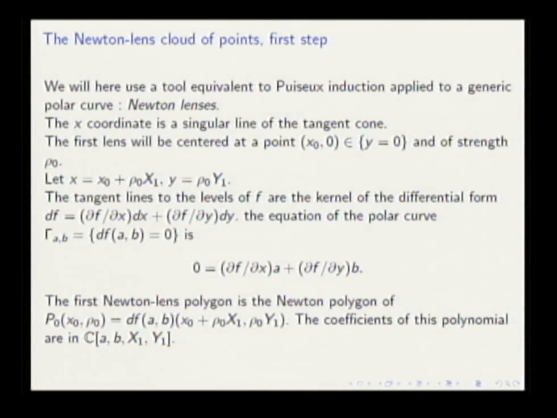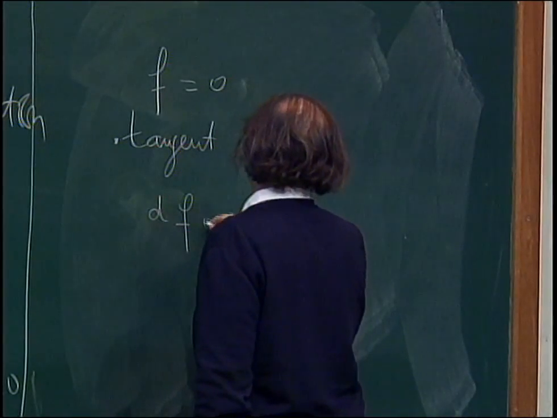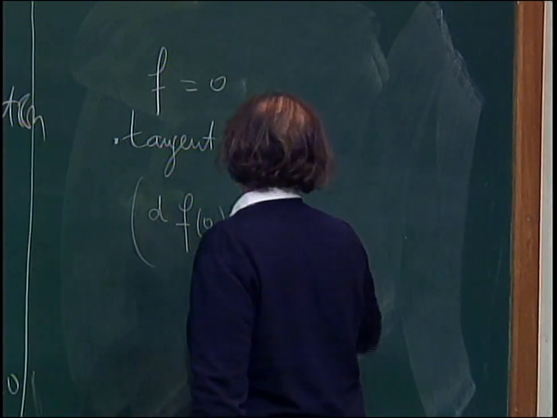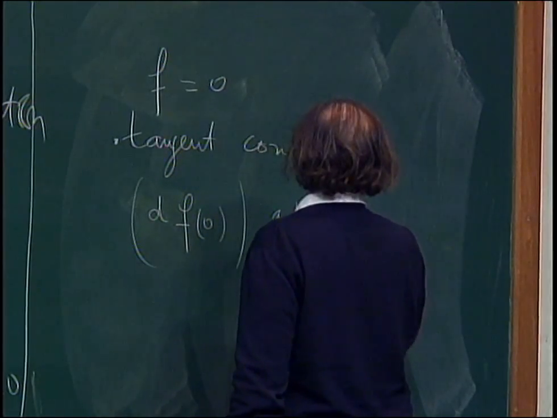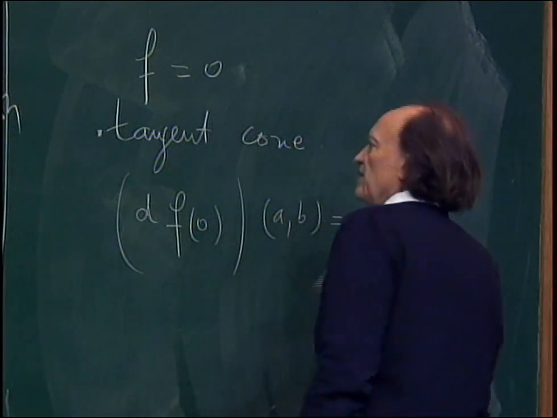You have a tangent cone. You get it looking at df, but you can have just the condition of df at 0 of a direction, say a, b, equals 0.